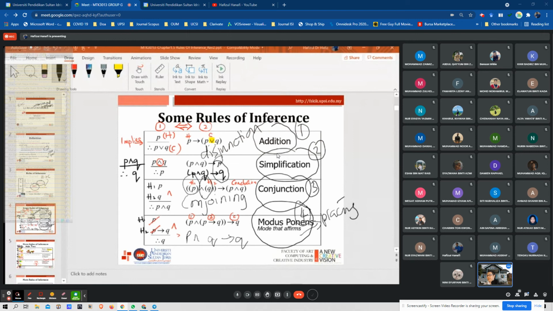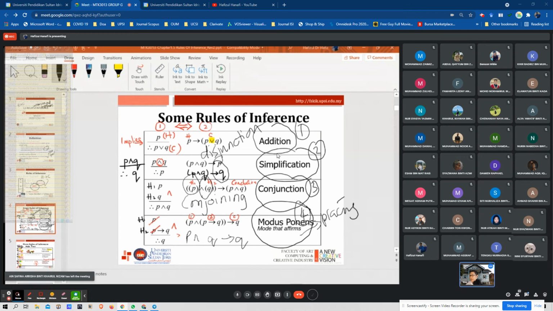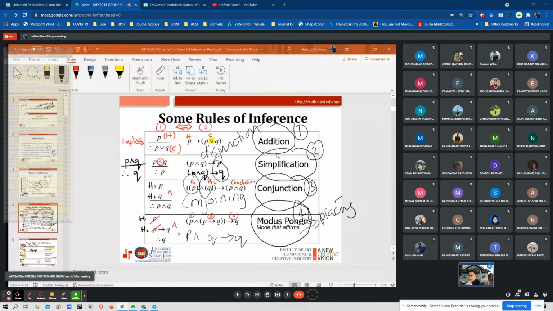hypothesis. Hypothesis before that is a deductive argument form and rule of inference. It can be summarized as P implies Q, whereby P gives Q. Here is Q, because you replace P, and then it comes Q only.